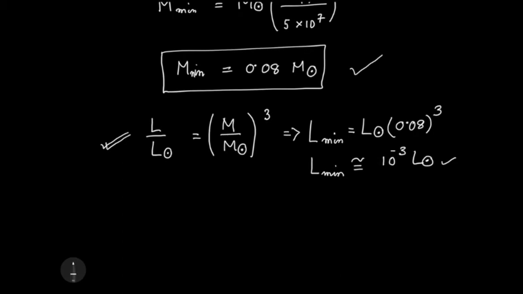So for example, if I ask you what is the mass of a star which has a luminosity 2 times the luminosity of the sun, you can just put that in this expression and find out the mass of that star, and so forth. So that's it for today.